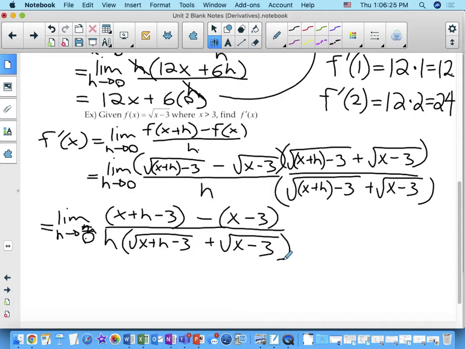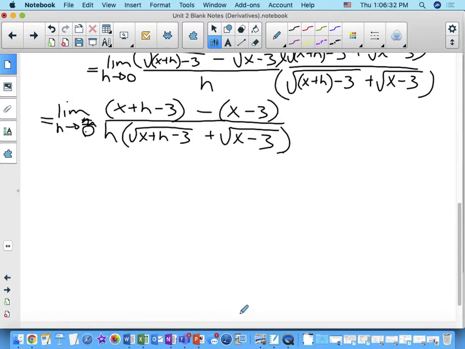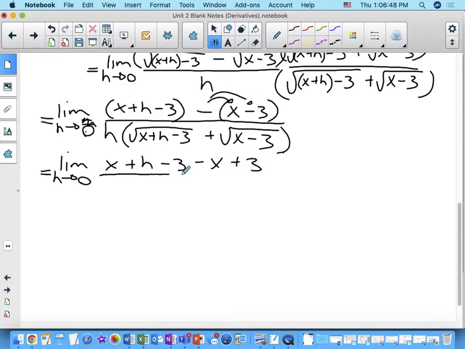There we go. Okay. And now again, we have some tidying up to do in the numerator. So we're going to get the limit as h approaches 0 of x plus h minus 3 minus x plus 3 over h times the square root of x plus h minus 3 plus the square root of x minus 3.